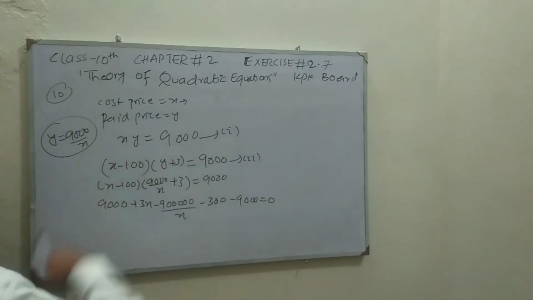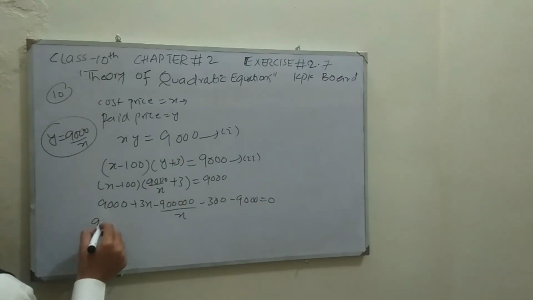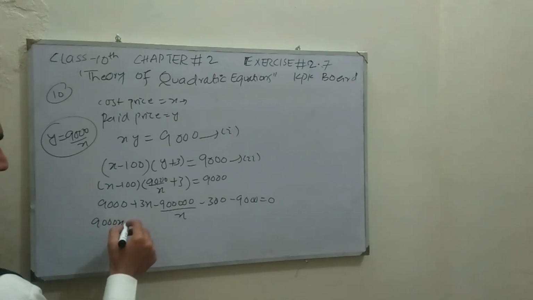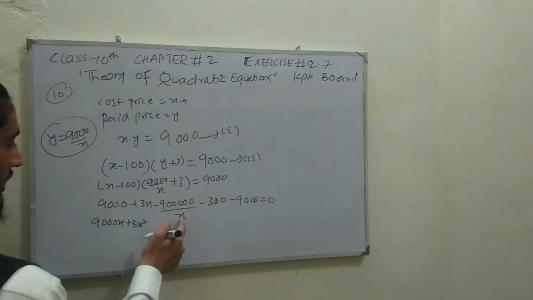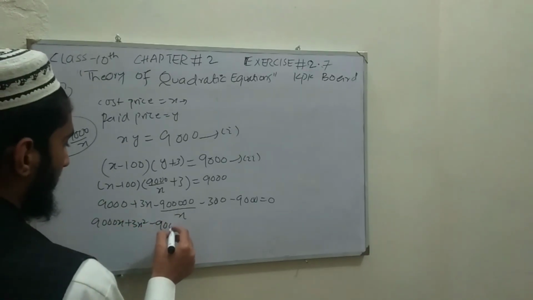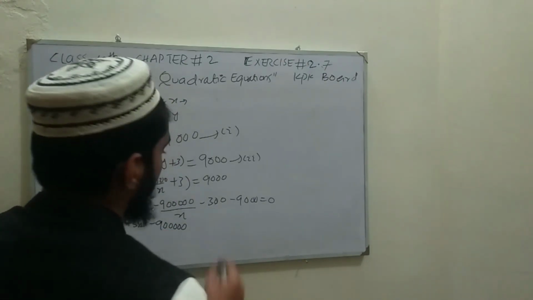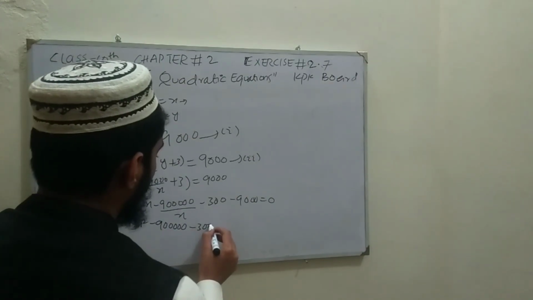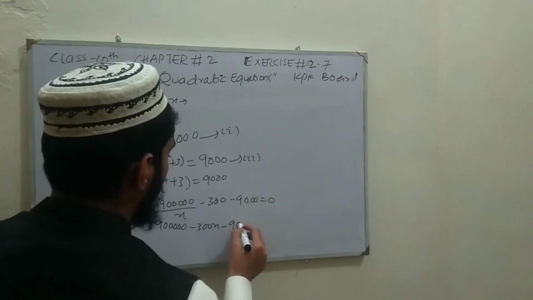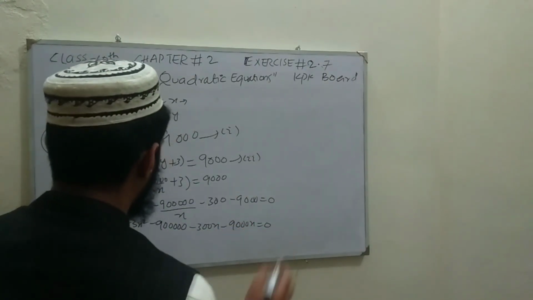Multiplying x with both sides of the equation, it becomes 9,000x. Multiplying here, it becomes 3x square. X will cancel out here, so it becomes minus 900,000. Multiplying x here, so minus 300x and minus 9,000x is equal to 0.